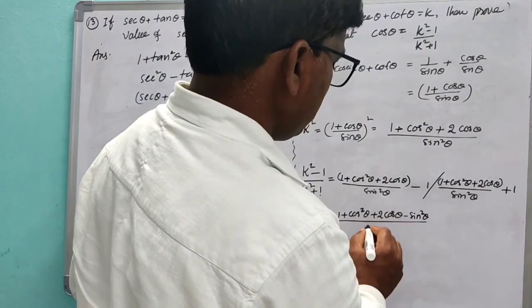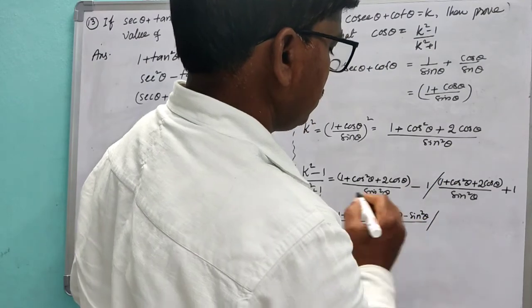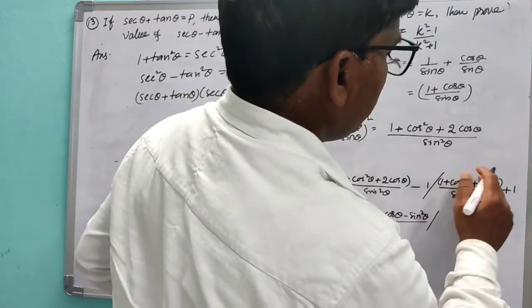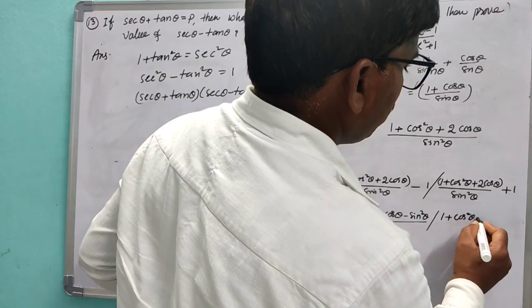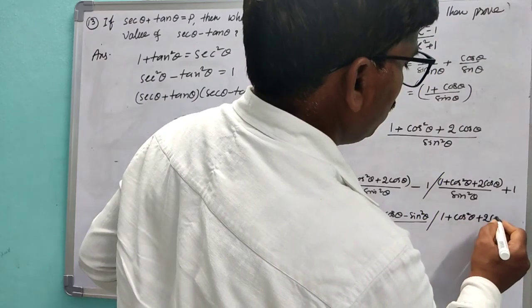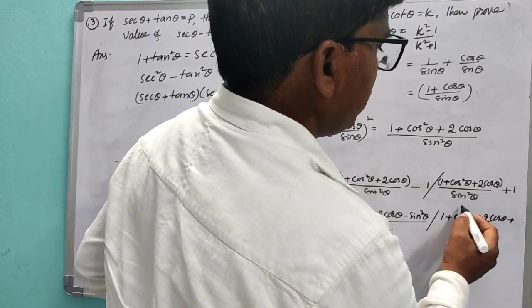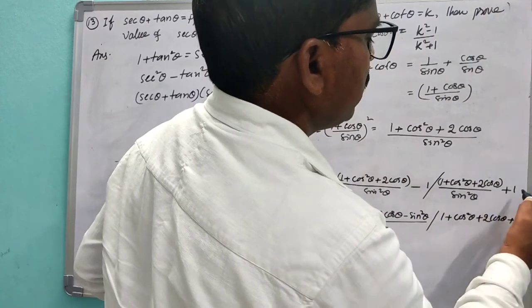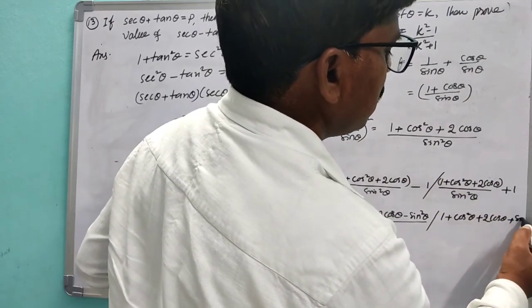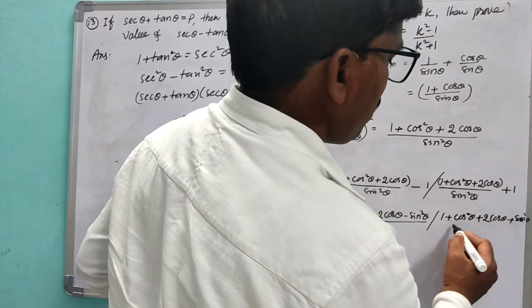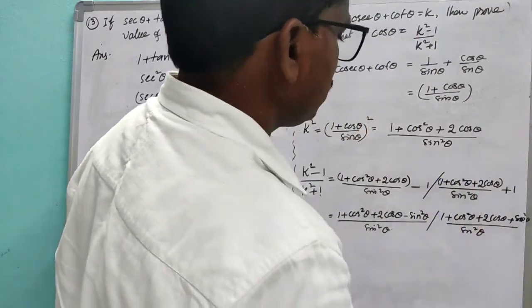So simply we can write sin square theta by sin square theta, and this can be written as 1 plus cos square theta plus 2 cos theta plus, so this is 1 and the denominator is sin square, so we can write sin square theta by sin square theta.